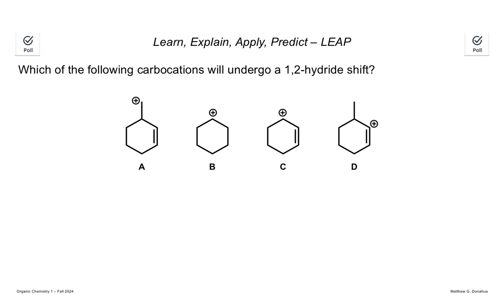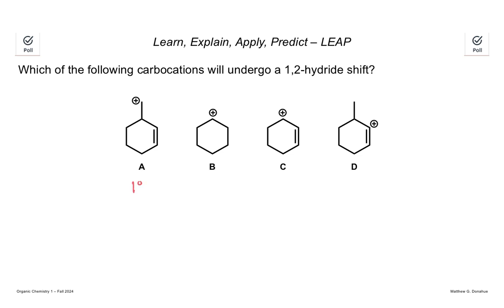So here's a series of carbocations, and it's asking you which one will undergo a 1,2 hydride shift. First thing to do is just classify the carbocation.